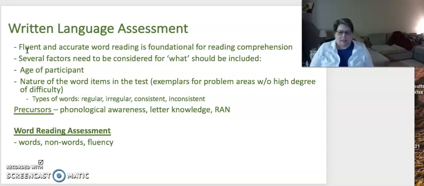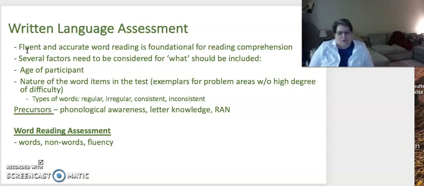Whereas inconsistent words show a common spelling pattern that can be pronounced in different ways. For example, mint and pint. A pint of whipping cream versus to eat a mint. They're both spelled with "int," but the pronunciation is different. So we do need to be sure that the words we're asking the child to read are appropriate for the child's reading level, and that they're not at the extreme.